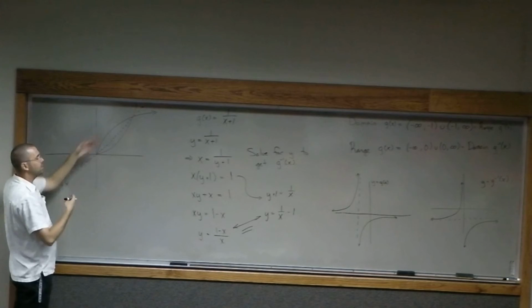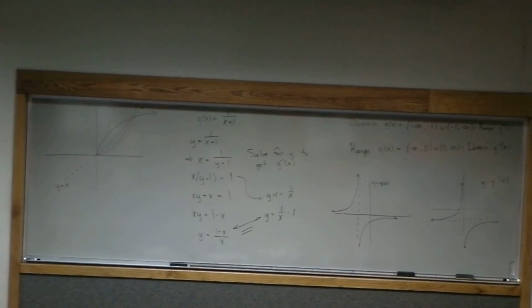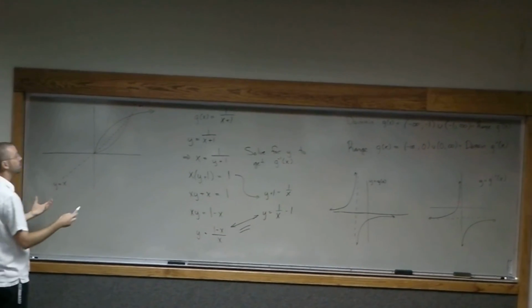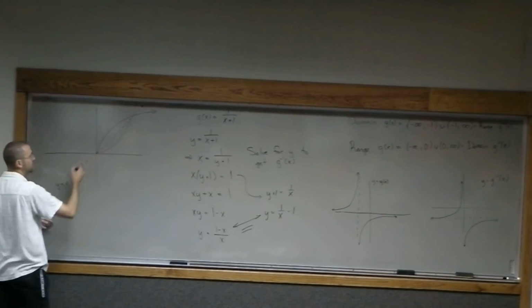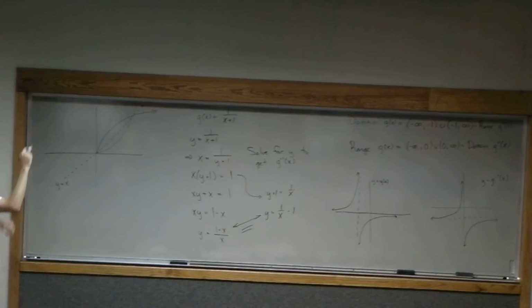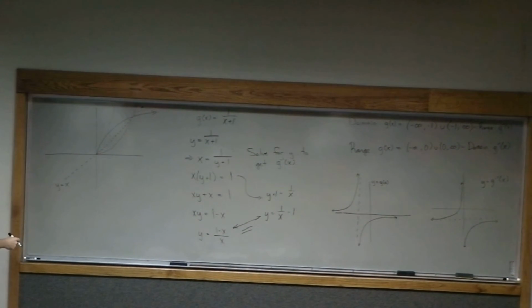Okay? That's one way you can graph the inverse function if you don't have a formula for it. You can graph the original function, draw on the line y equals x, and then just fold the paper over and sketch in where the original function was in that fold over.